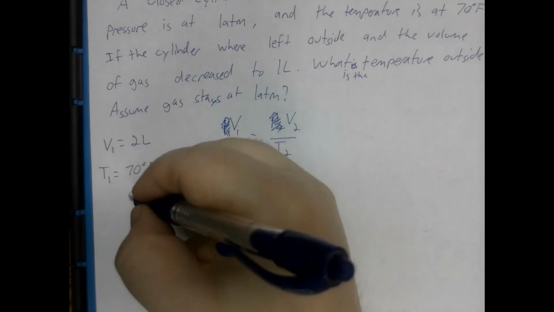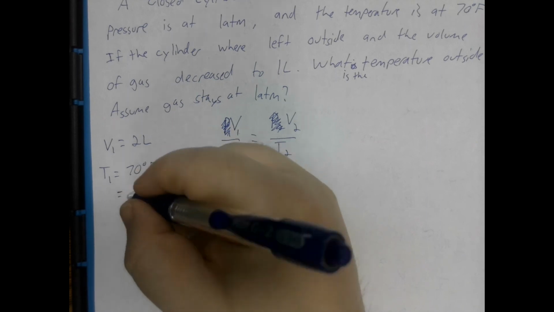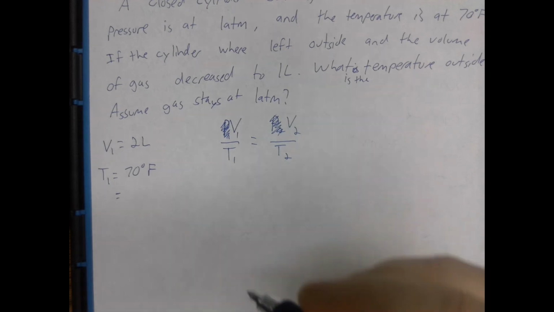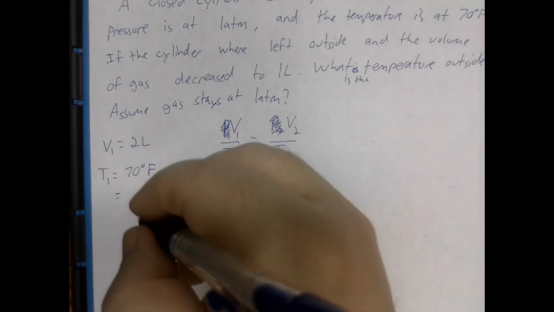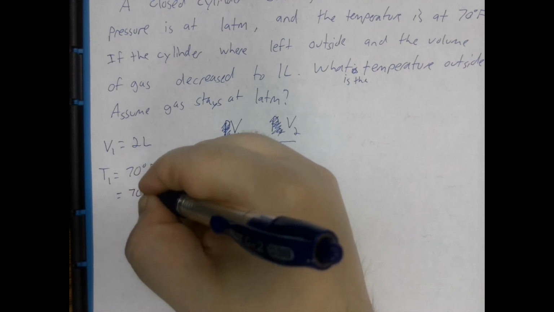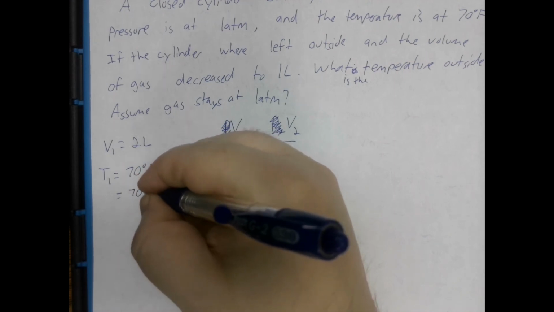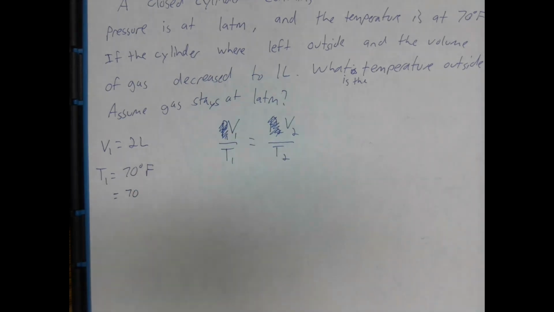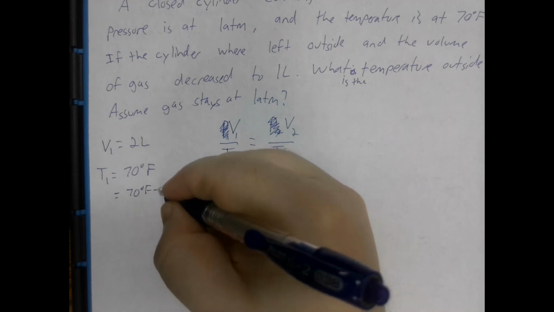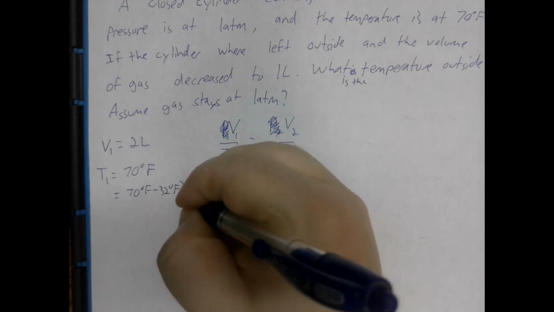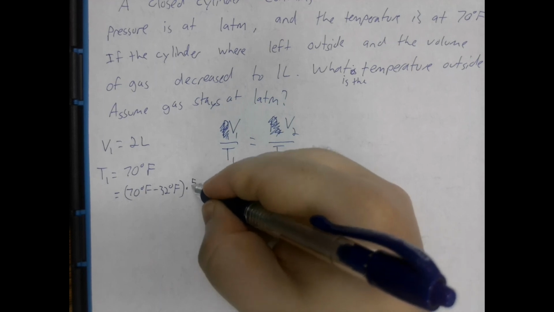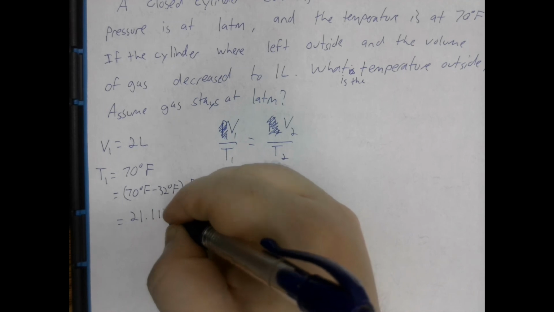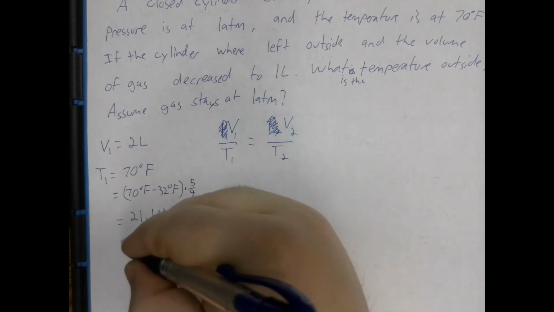To convert into Celsius, we take 70 degrees Fahrenheit, subtract 32, and multiply by 5/9, and that gives us 21.1111 degrees Celsius.